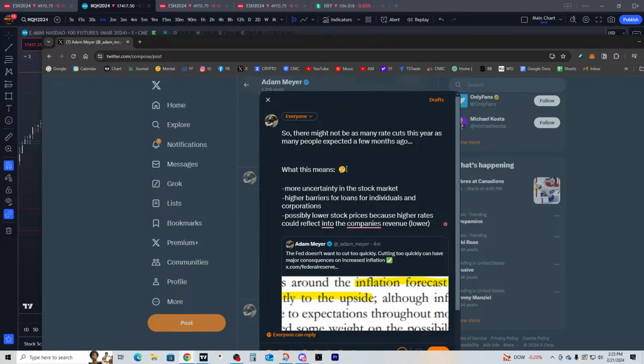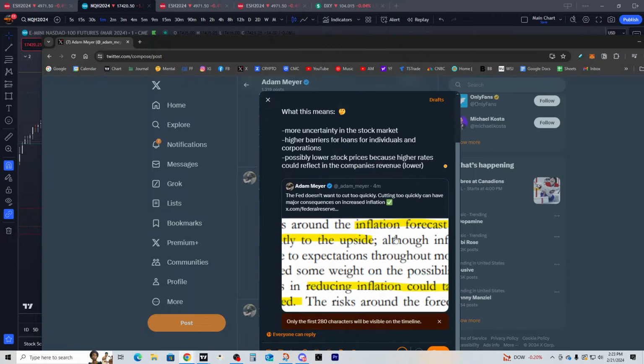This means more uncertainty in the stock market, higher barriers for loans for individuals and corporations, possibly lower stock prices, because higher rates could reflect into the company's revenue. Yep, there we go.